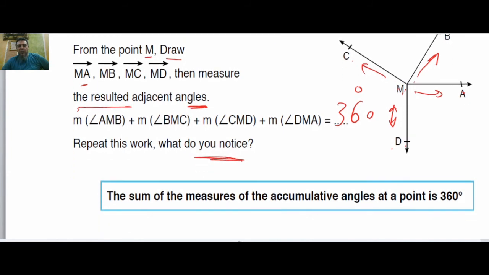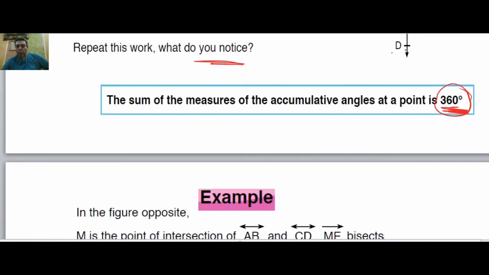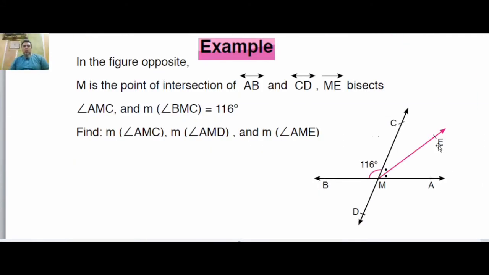The definition states that the sum of the measures of the accumulative angles at a point equals 360. Example: in the opposite figure, we note that we have a straight line CD. Straight line CD forms a straight angle.